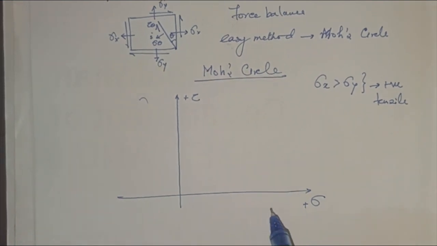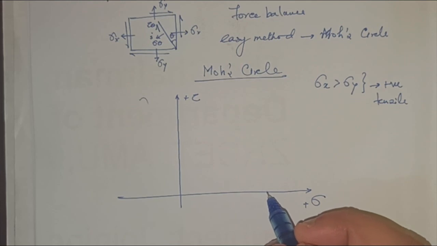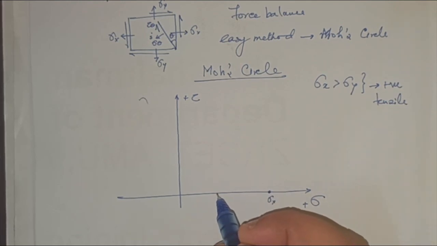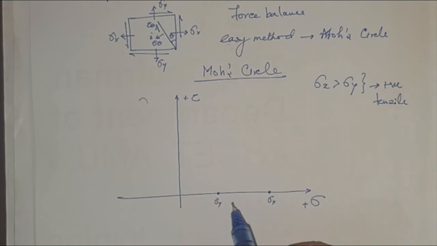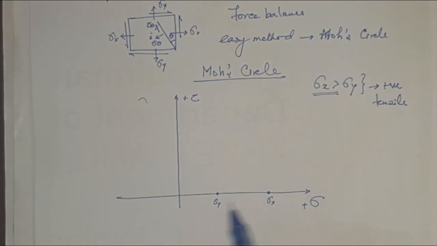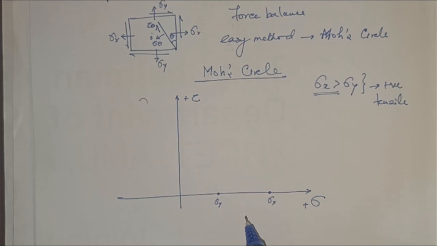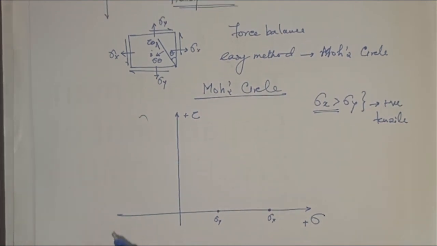So let's plot them. Along the sigma x axis, let's say my sigma x is this, and this is my sigma y. There will be some values of sigma x and sigma y. As I said, sigma x is greater than sigma y. Now let's plot the shear stresses, tau.